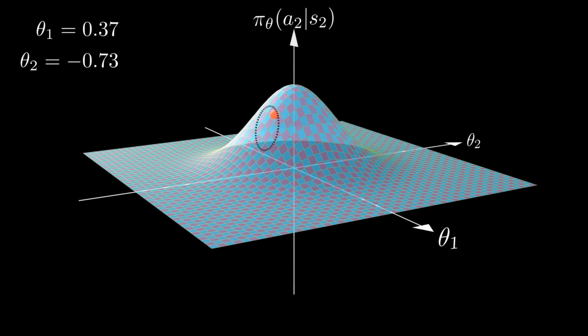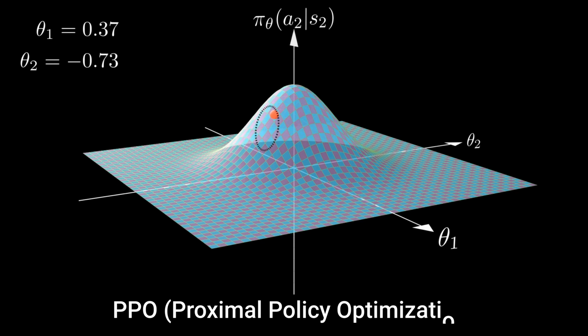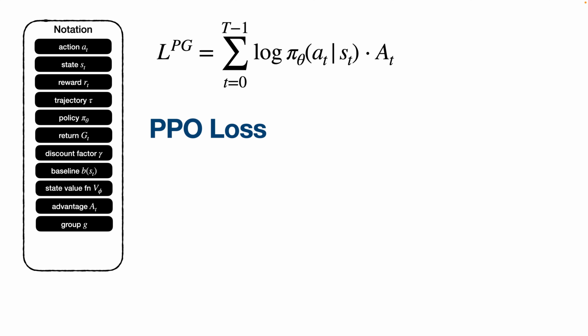This idea was introduced by TRPO, or Trust Region Policy Optimization, which defined this area using second-order derivatives. PPO adopted the same idea, but implemented it via clipping. Since GRPO builds on top of the PPO loss, let's first discuss how the PPO loss diverges from the traditional policy gradient loss in order to constrain model updates.